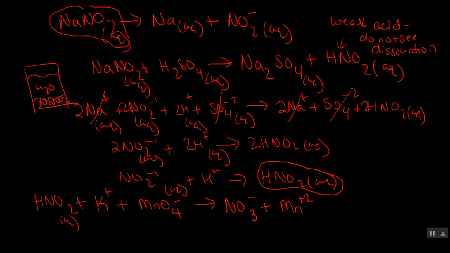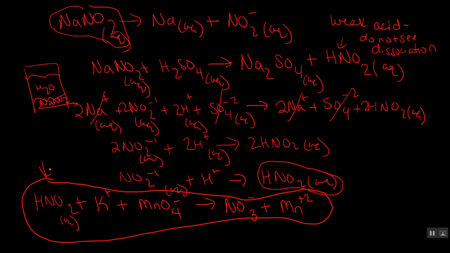We're going to have nitrous acid, we're going to have potassium, we're going to have permanganate, and we're going to end up producing all these things. Now let's think about where these hydrogen ions are going to come from, because technically this is our equation before balancing with redox.